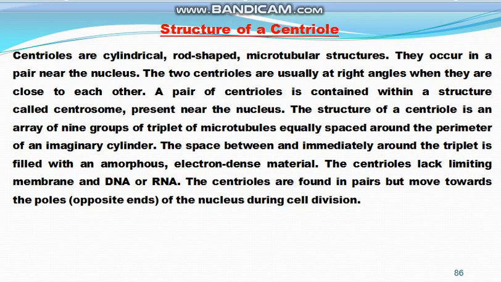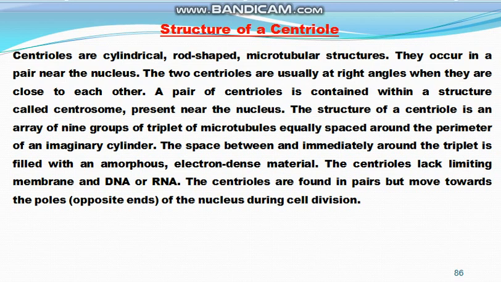So I mean to say that the centrosome consists of two centrioles and they are present near the nucleus. And if we see the structure of each centriole, it consists of 9 groups of triplets of microtubules, equally spaced around the perimeter.